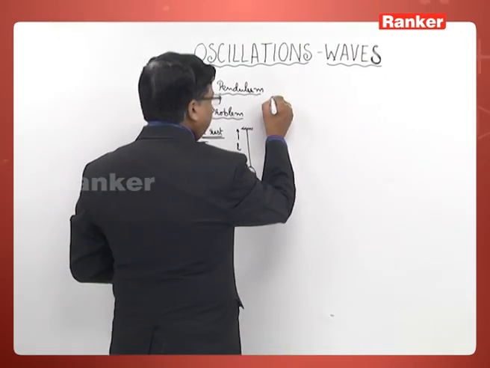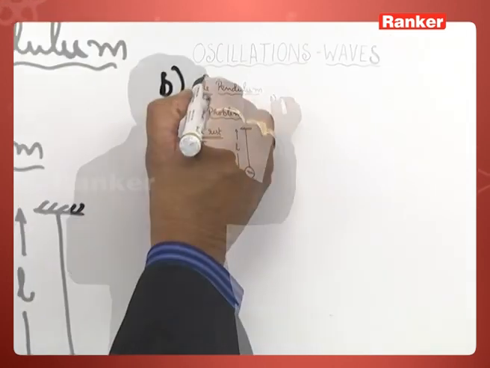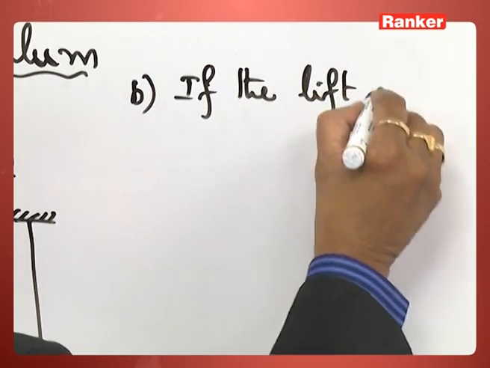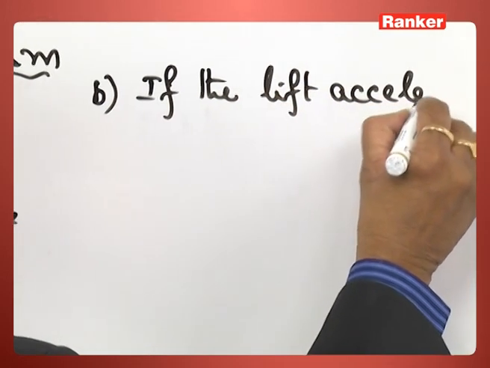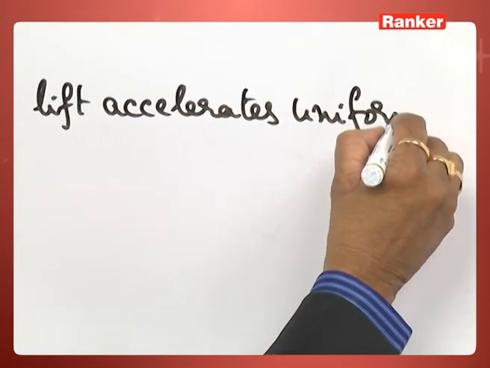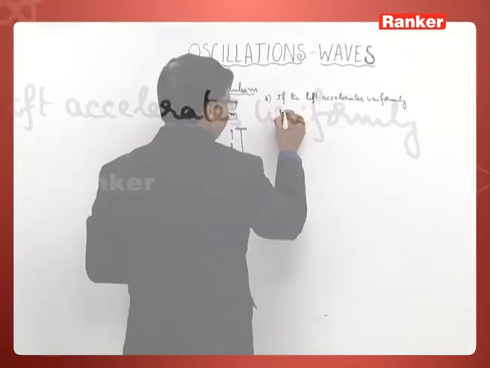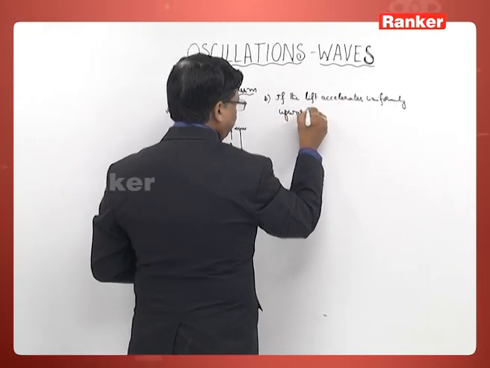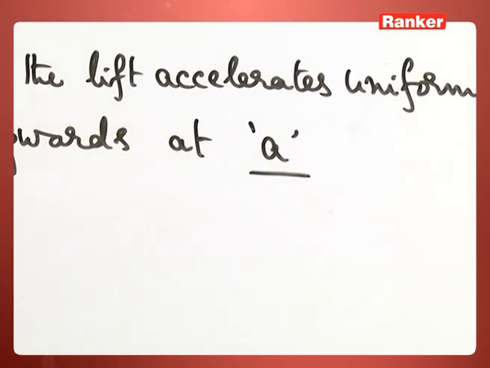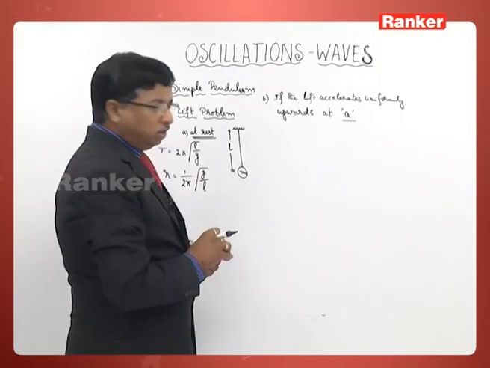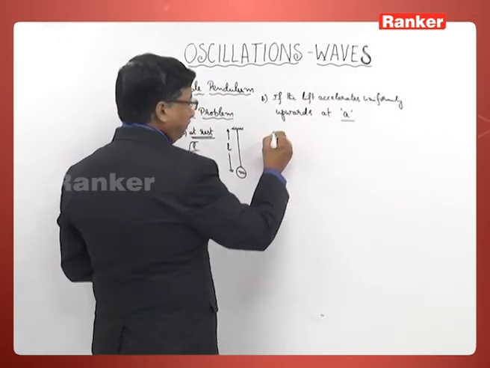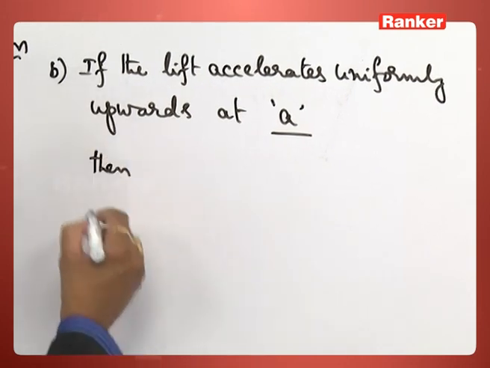Now, let us consider the second case. If the lift accelerates uniformly upwards at a, the acceleration with which it is going up is uniform acceleration and its value is given as a, then what happens first of all?